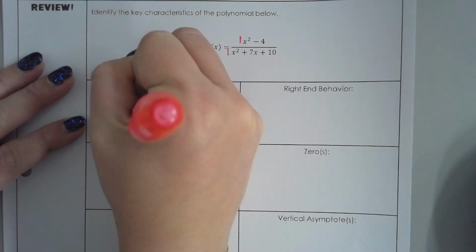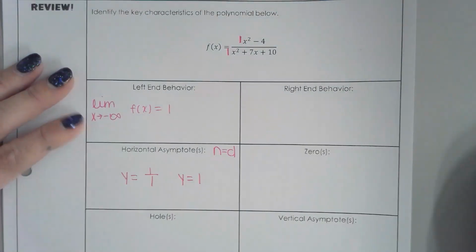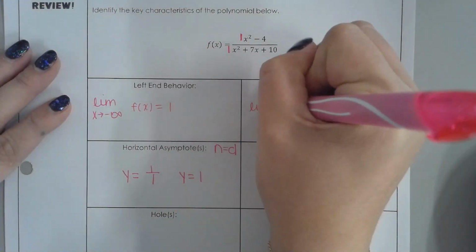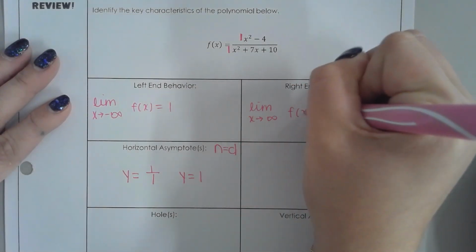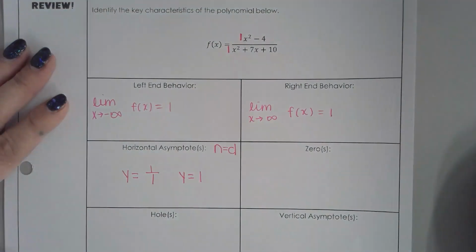And that's f of x equals 1. The limit as x approaches positive infinity of f of x equals 1.